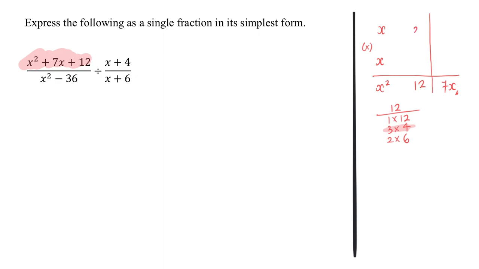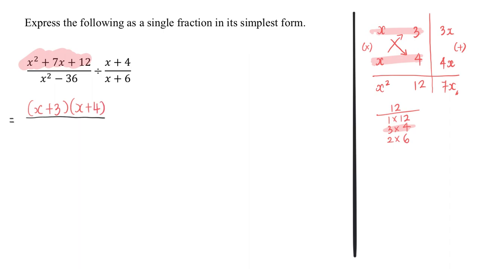And I realize 3 times 4 will enable me to get my 7x, because 3x plus 4x does give me my 7x, and I've gotten my factorized form, which is what I am going to write here. X plus 3, x plus 4.